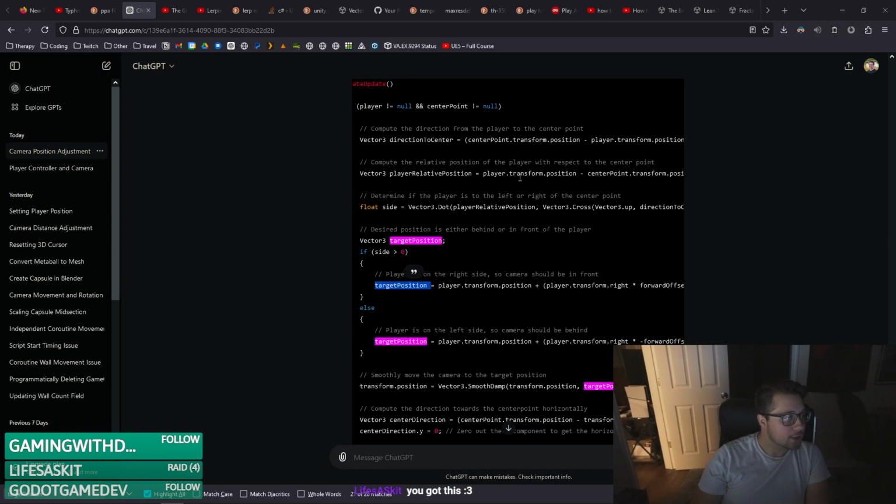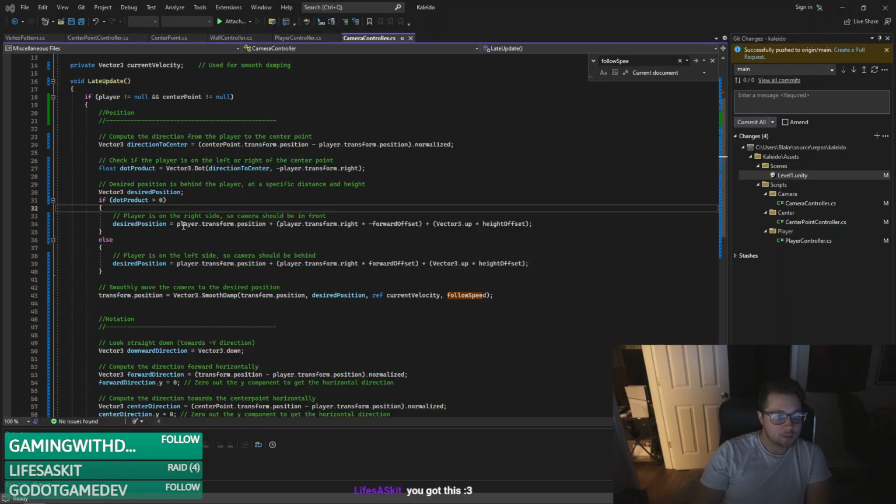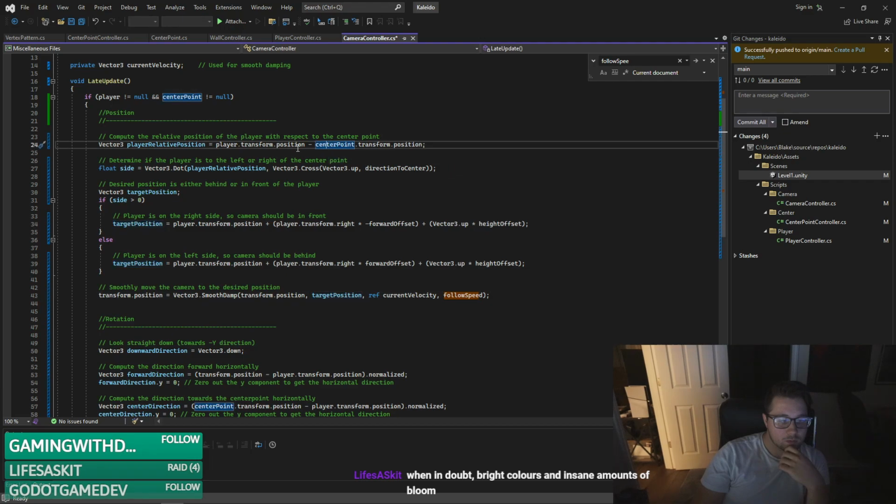So it's taking the center point to this, set this back to target position. It's taking the... shouldn't this be center point minus the player?